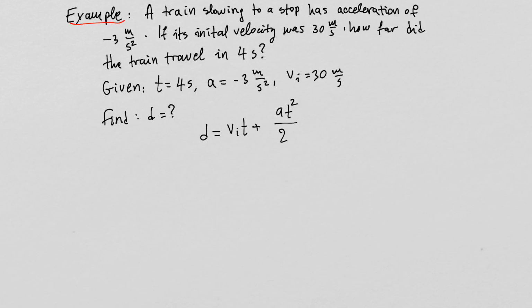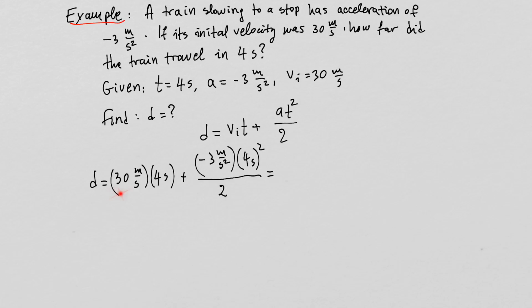So let's do that. We have 30 meters per second times 4 seconds. Here the seconds in the denominator and numerator will cancel out. Plus -3 meters per second squared times 4 seconds to the second power. The time here is the only quantity that's squared, that's lifted to the second power. And this is divided by 2.